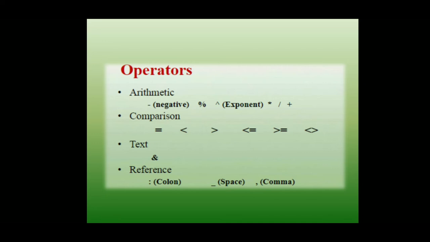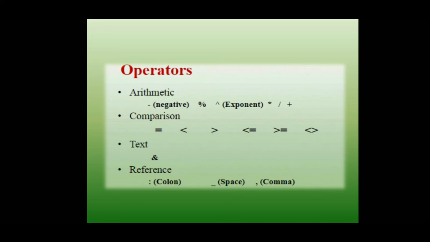Then come the operators. An operator in Excel is a symbol that tells Excel to perform a specific operation. The main mathematical operators allowed in an Excel formula include exponent, as I showed you in the previous example. Next are the arithmetic operators. They are negative, that is minus, plus, and you can see the percentage sign.